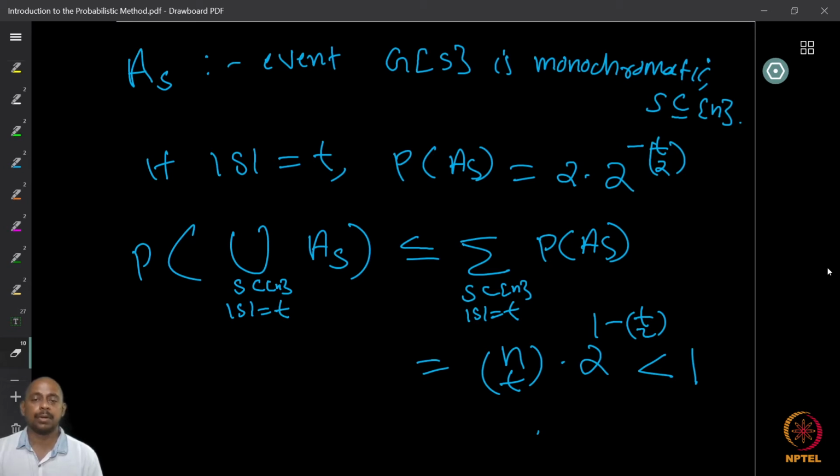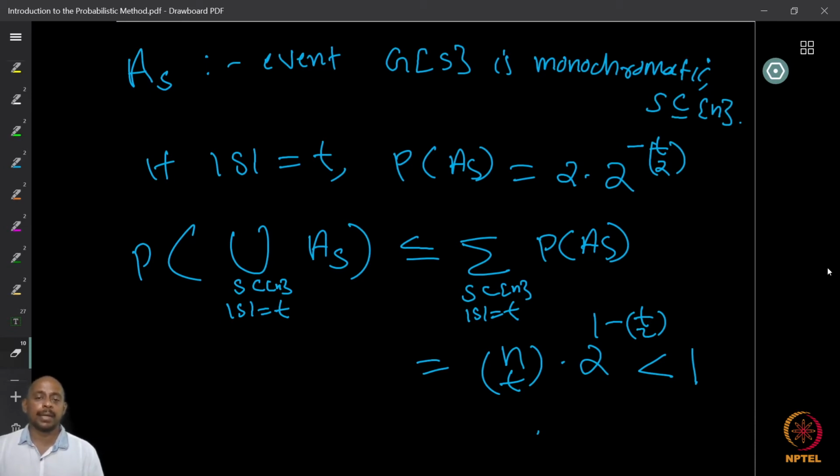That is n choose t times the probability of AS, which is 2 raised to 1 minus t choose 2, as we just proved earlier. So this is the upper bound of the probability of the union of AS.